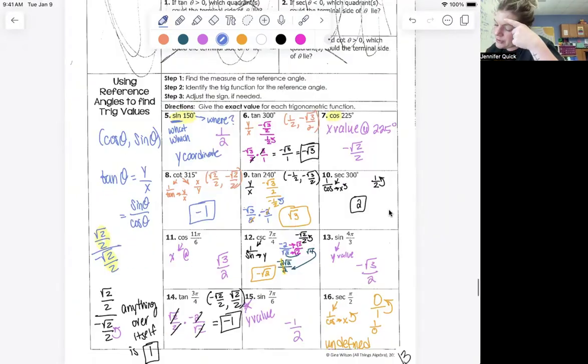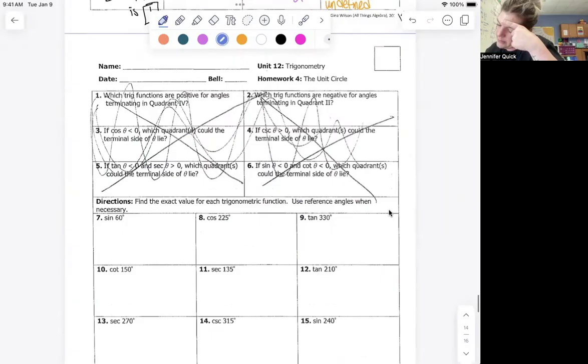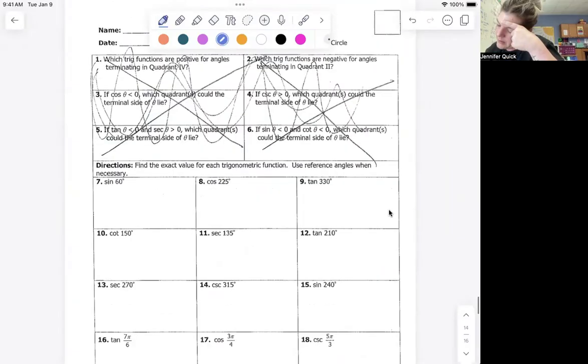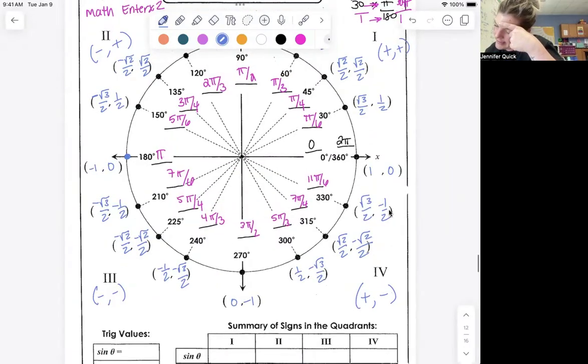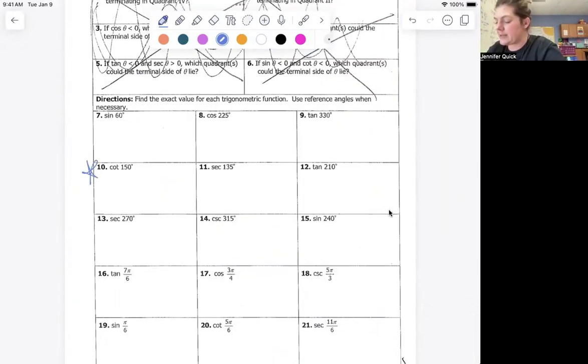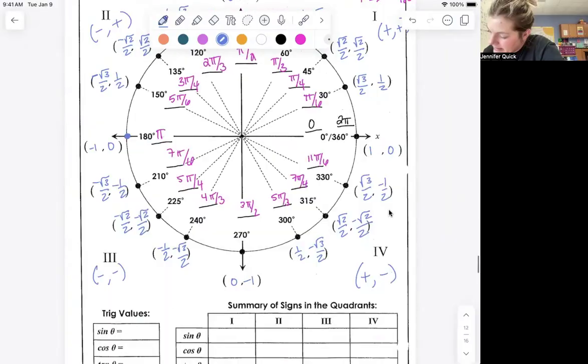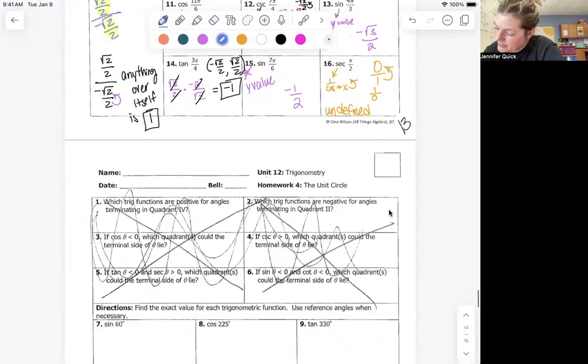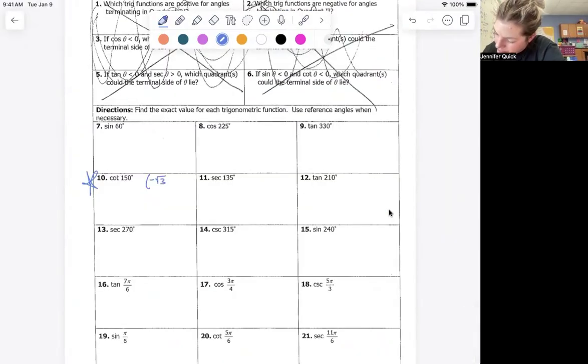Okay, I feel like I should do a little bit trickier of one with you, but what's 150? Yes, we need to do the cotangent of 150. So jump down to number 10, and then I'll stop talking. The coordinate for 150 is the square root of 3 over 2, negative square root 3 over 2, positive 1/2.